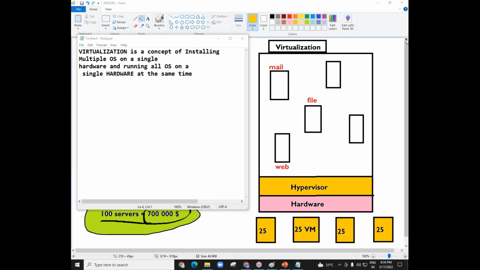This is what virtualization is all about, my friend. Now on one physical machine, how many OS can we run? Only one OS. But in virtualization, what can we do? We can take one physical machine and we can run multiple operating systems.